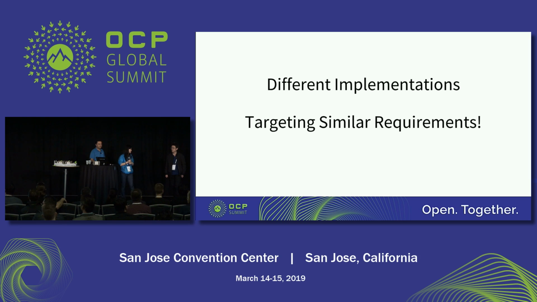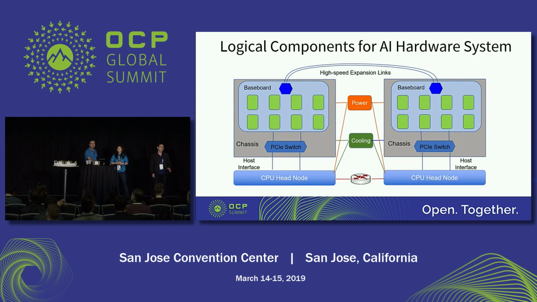We see that we have a lot of different implementations, but generally they are targeting similar requirements. For a typical AI hardware system, what are the necessary components? First, you need the accelerators, and a baseboard that hosts them.